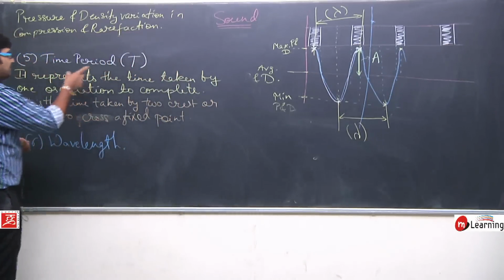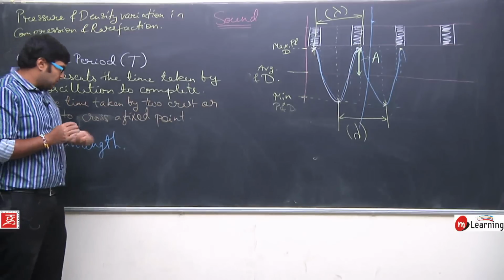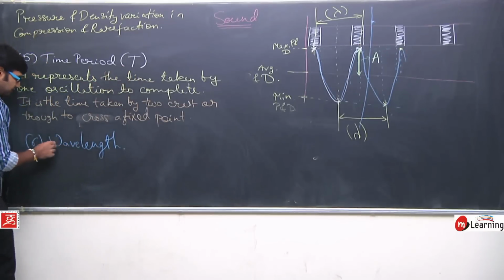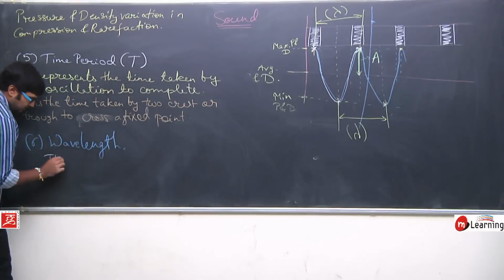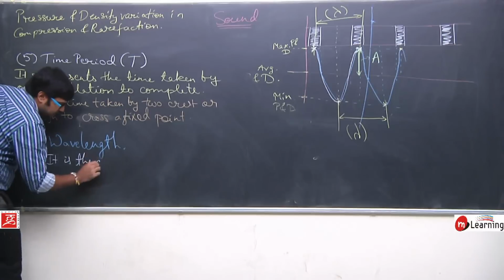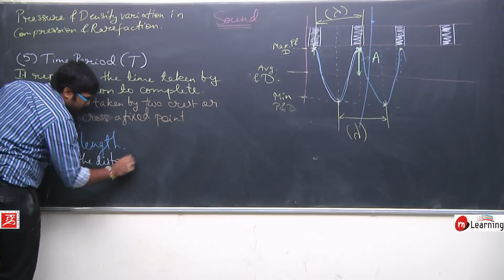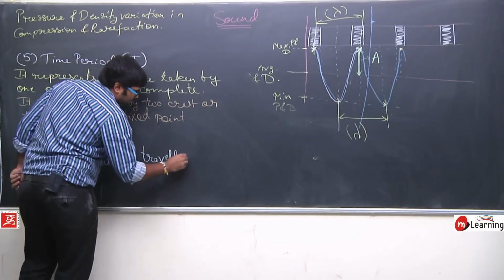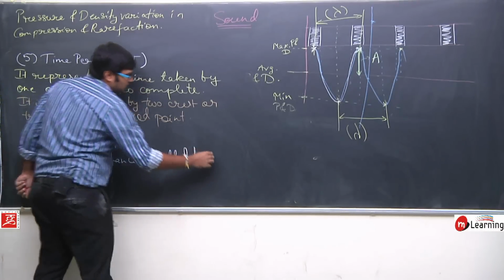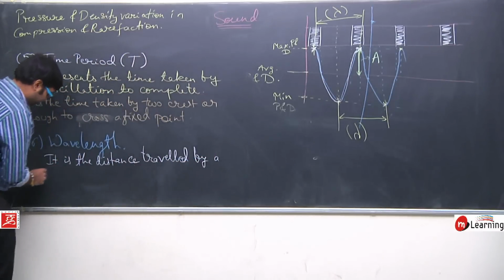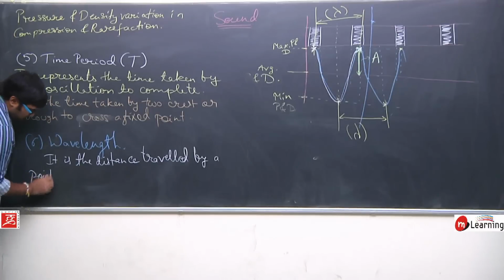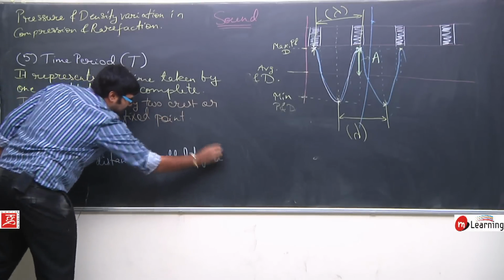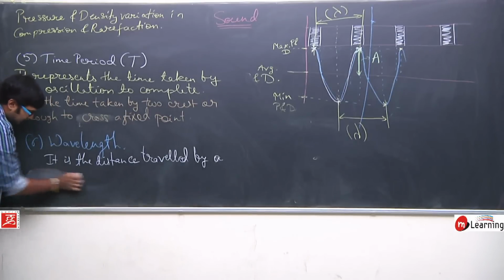Now we can also define the wavelength in one more manner, in terms of the time period. So how to define wavelength in terms of time period? We will say wavelength is the distance traveled by a crest or trough. Let's write it like this, it would be easy to understand.